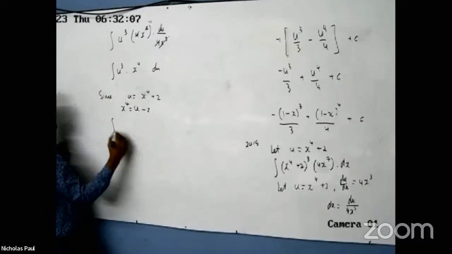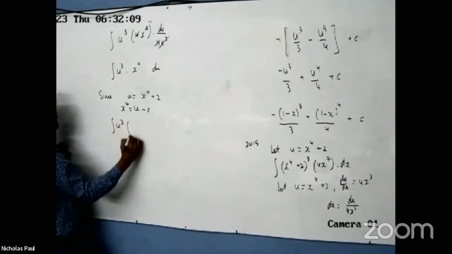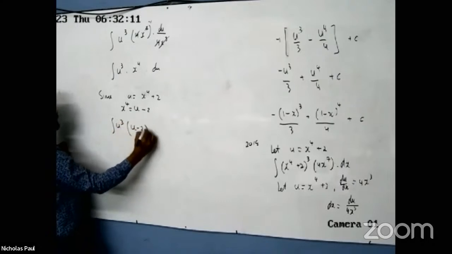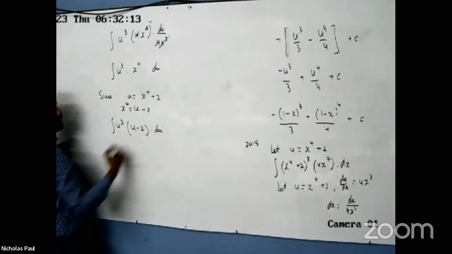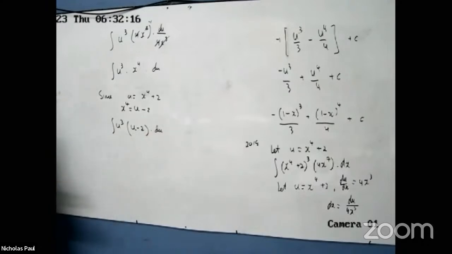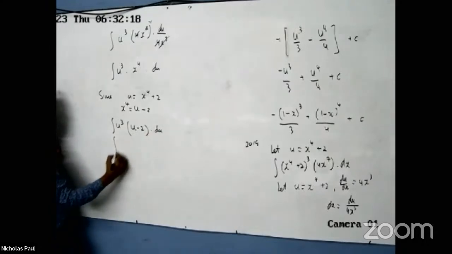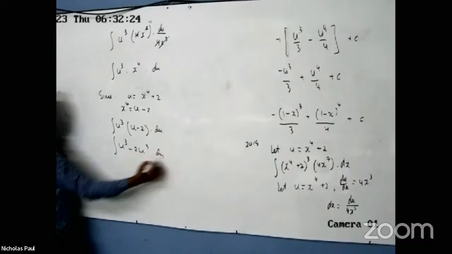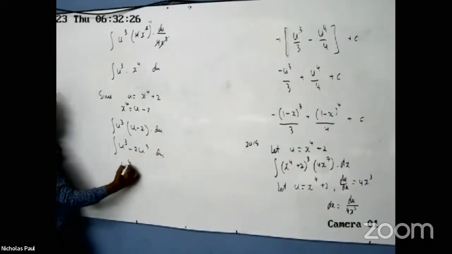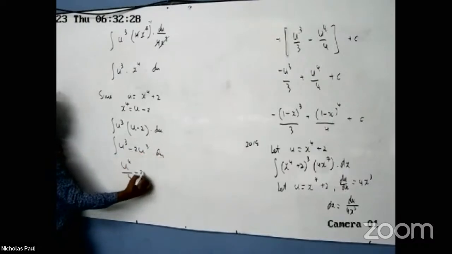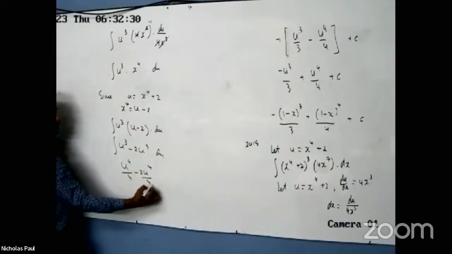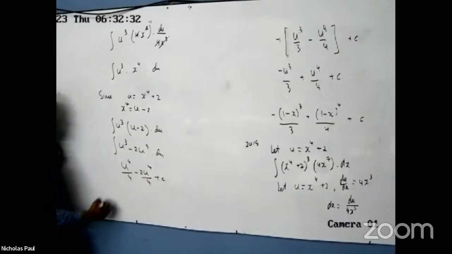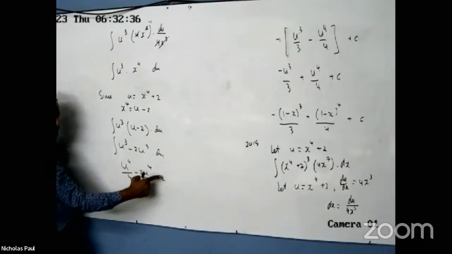So we'll get the integral of u cubed by u minus 2 du. Multiply it out. You'll get the integral of u cubed minus 2u cubed du. When you integrate, you'll get u to the 4 over 4 minus 2 u to the 4 over 4 plus... Well, I shouldn't put plus 3 because that's a different problem.